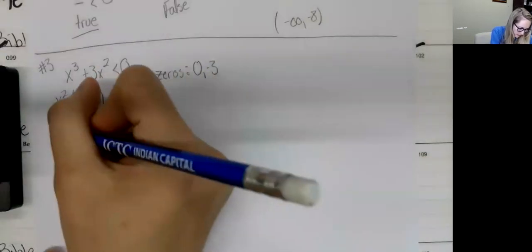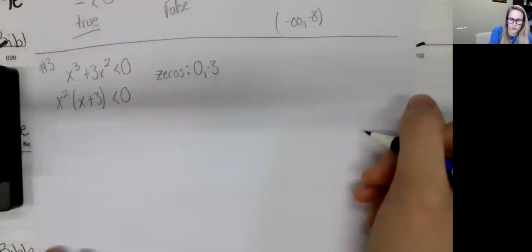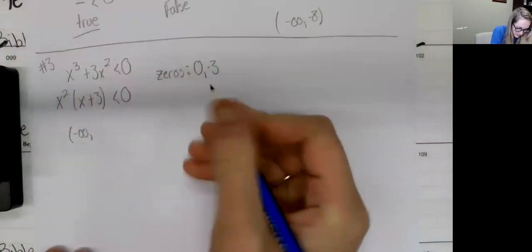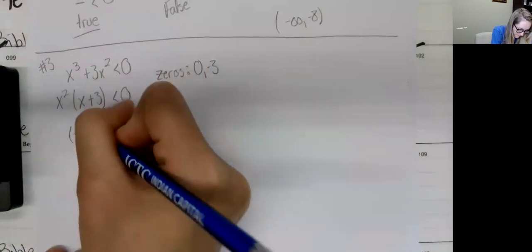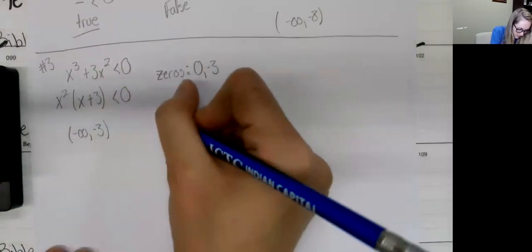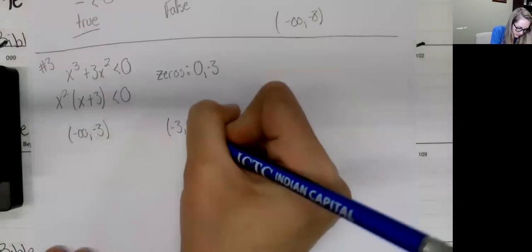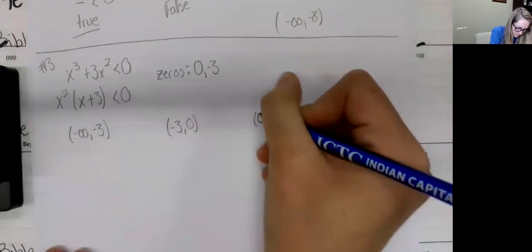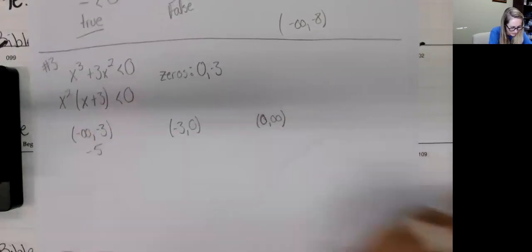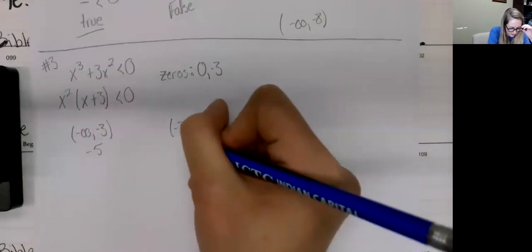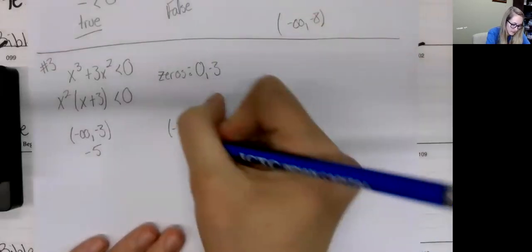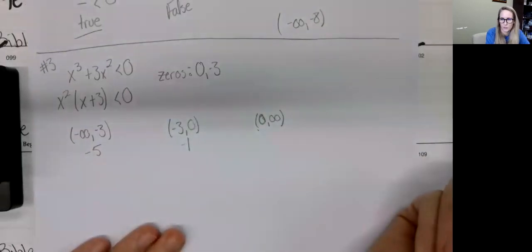Now then break this into intervals, and I'm going to make my intervals more spaced out so I have more room to work. So you have negative infinity to negative 3, then we have negative 3 to 0, and 0 to infinity. Now pick a number between each of these. So right here, I'm going to do negative 5. And it doesn't matter which ones you pick on these. Just be sure you pick something with the easiest multiples that you know of.